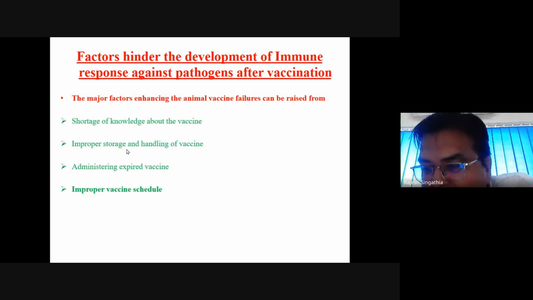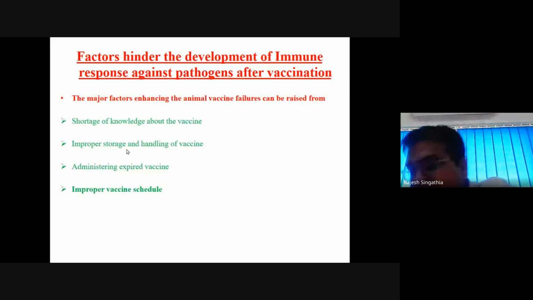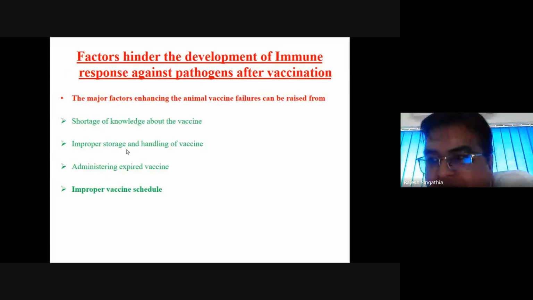If you use an inappropriately low or high dose, there is a chance of vaccine failure. And if a booster dose is needed and we do not give it, then again there is a chance of vaccine failure.